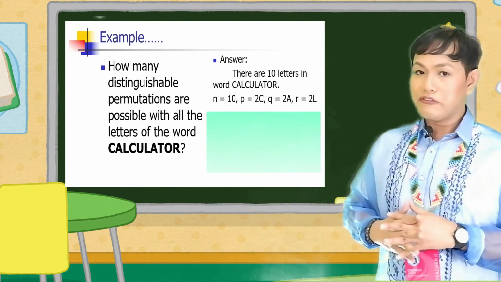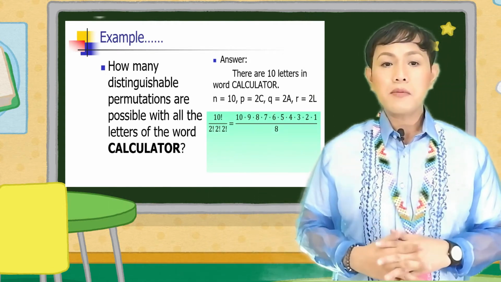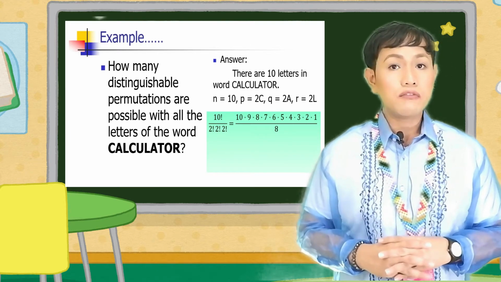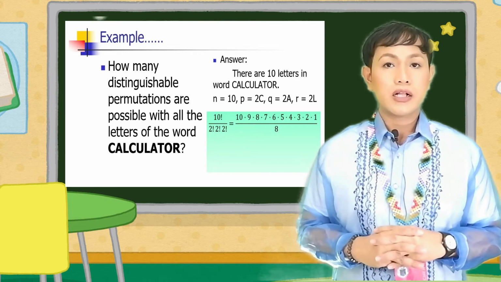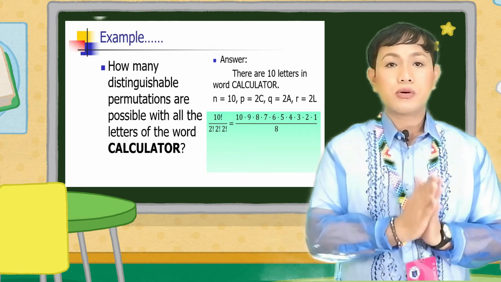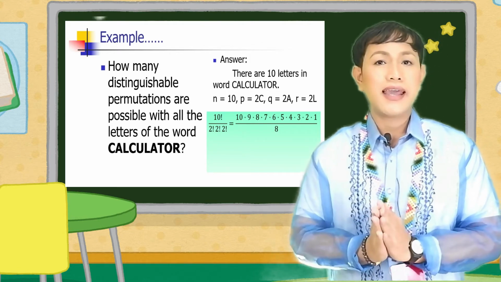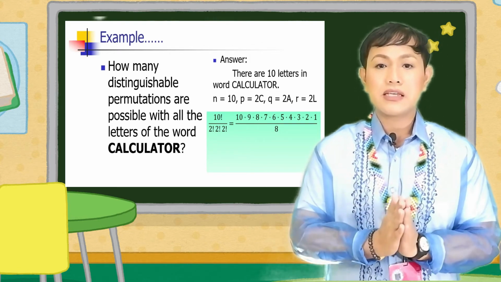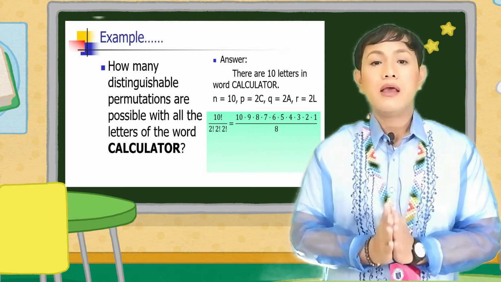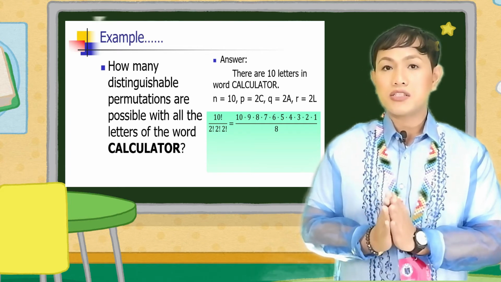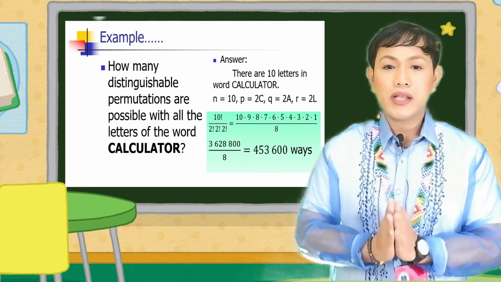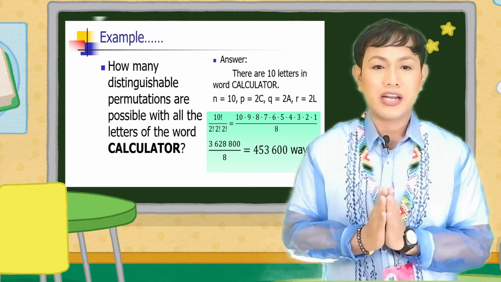So, using the formula, we have the permutation is equal to 10 factorial all over 2 factorial times 2 factorial times another 2 factorial. And you see that 10 factorial is equal to 10 times 9 times 8 times 7 times 6 times 5 times 4 times 3 times 2 times 1. So 10 factorial is equal to a whopping and sizzling 3,628,800.